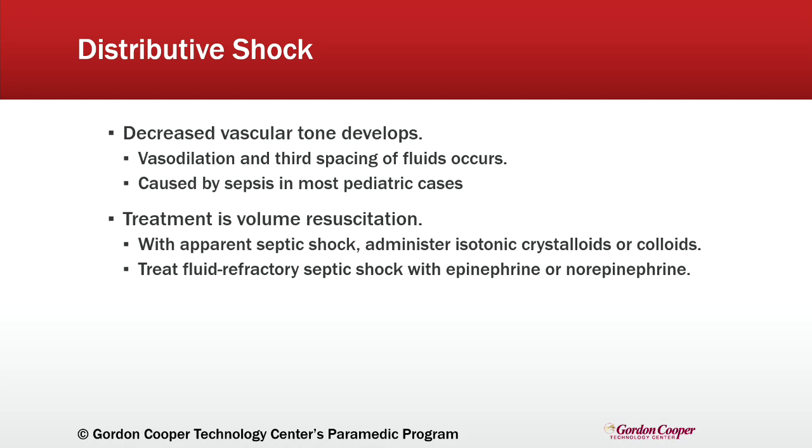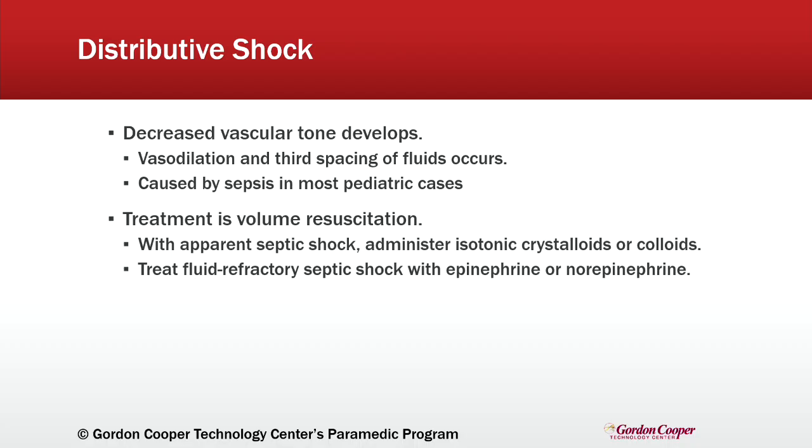Distributive shock occurs when we have decreased vascular tone that causes vasodilation and what amounts to third spacing of fluids due to increased vascular permeability. This leads to plasma leakage out of the blood vessels and into the surrounding tissues.